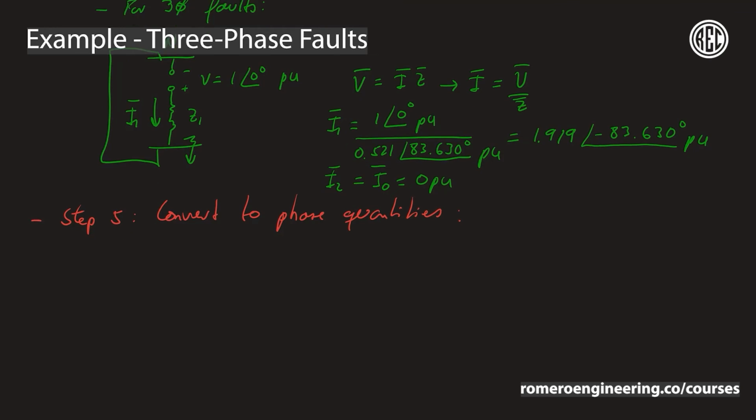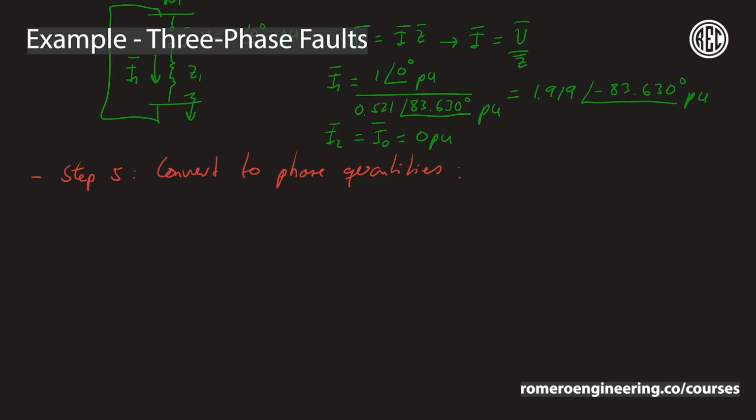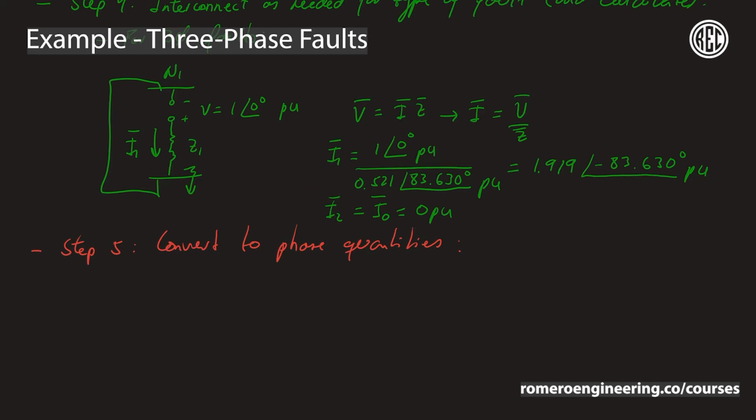And again, we did this before, but I missed 1 step over here: convert to actual quantities, not to phase quantities. Meaning that we're going to go back from per unit back to actual quantities, in amps in this case.